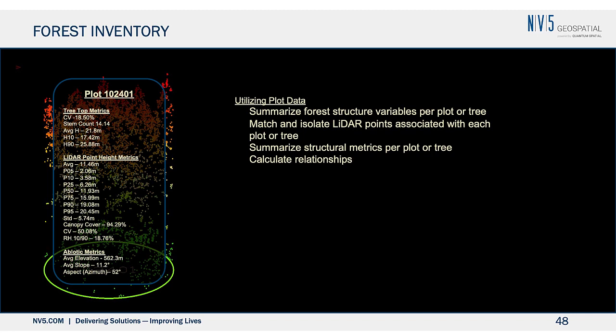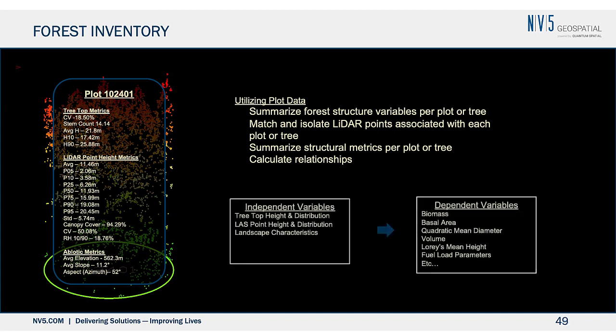We have our independent variables, which is this information, and we can then create a map of all the variables that we're interested in, be it biomass, spatial area, quadratic mean diameter, etc., for forest inventory. And as I said, most companies now are using this type of approach to create their forest inventory, or at least moving in that direction.